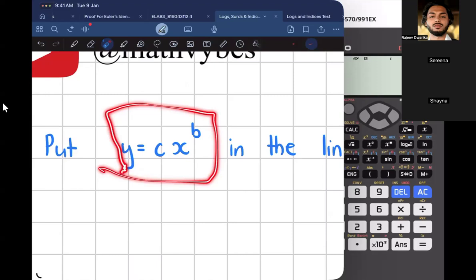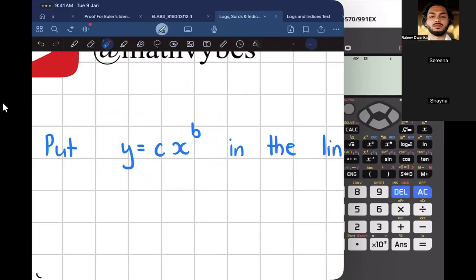No, sir. In this round x is a base, but it's being raised to a power now, b. b is a number, right? It's a constant. The things that are not constants over here are y and x. So c and b are constants, right? Understand? Yes, sir.